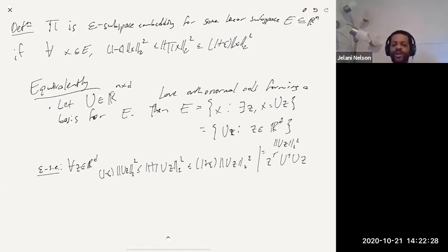But U has orthonormal columns, which is the same thing as saying U transpose U is the identity matrix, right? What's the ijth entry of U transpose U? It's the ith column of U dotted with the jth column of U. So if i equals j, it's 1. If i is not equal to j, it's 0 because the columns are orthonormal. So this is the same thing as Z transpose Z, which is the same thing as the L2 norm of Z squared.